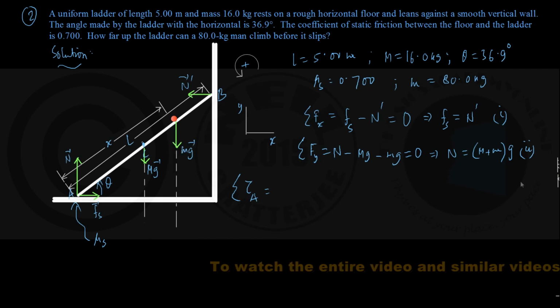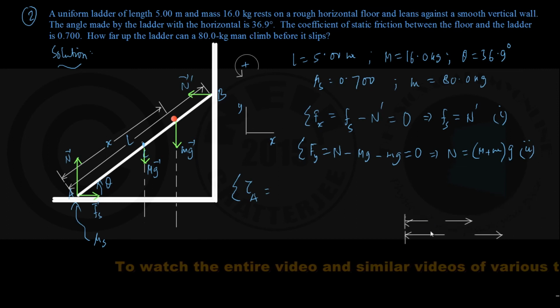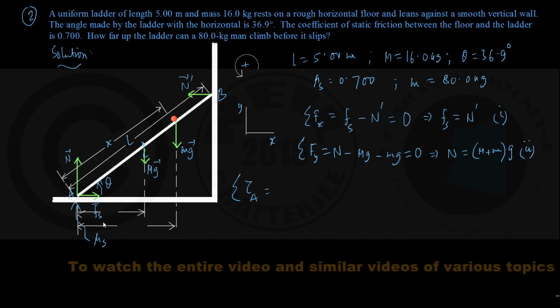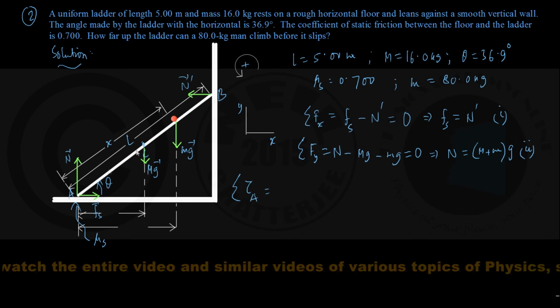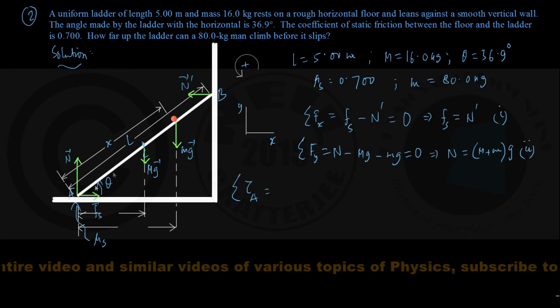And you understand from the figure that since, let me show it here, since this angle is theta and the length of the ladder is capital L, the length AC is L by 2, is it not? C is the midpoint.